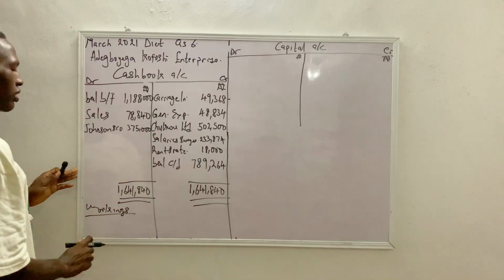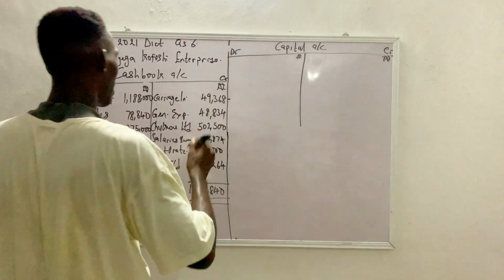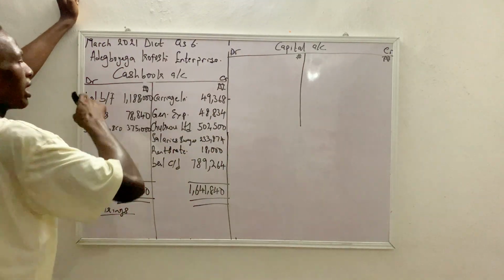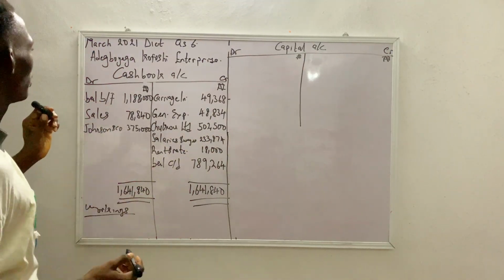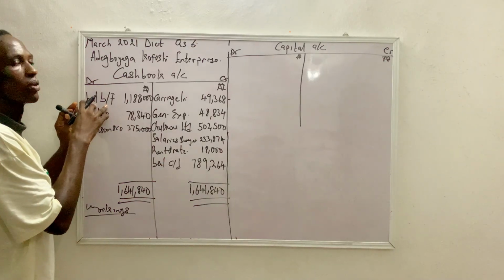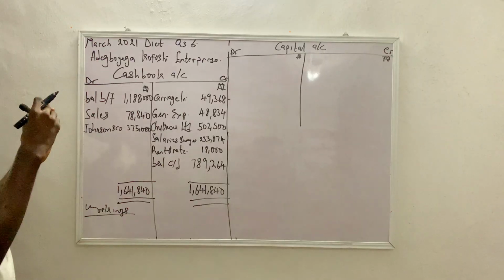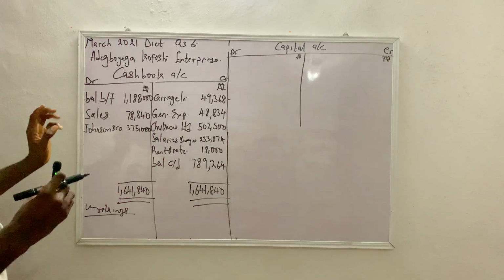Remember, the goal is for you to understand how you will be posting your transaction. Note, for every debit entry there must be a corresponding credit entry. Part of our capital is in this our balance box for. The reason I use balance box for is because our loan has been included, the loan of 198,000 naira.